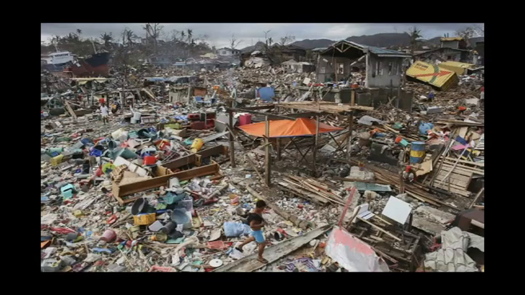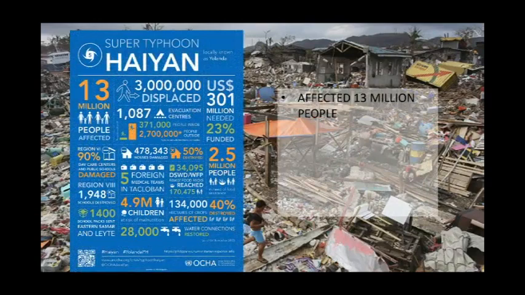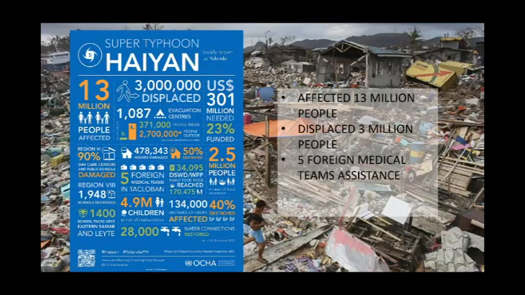It is one of the strongest tropical cyclones ever recorded. It has affected 13 million people, displaced 3 million people, and required assistance from 5 foreign medical teams to manage the disaster survivors. Houses, roads, and hospitals are damaged.